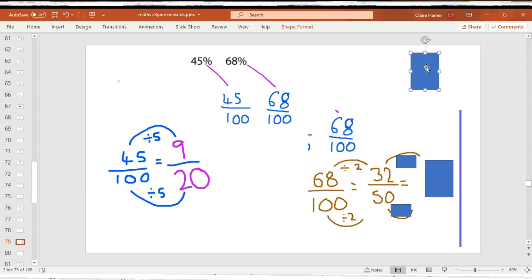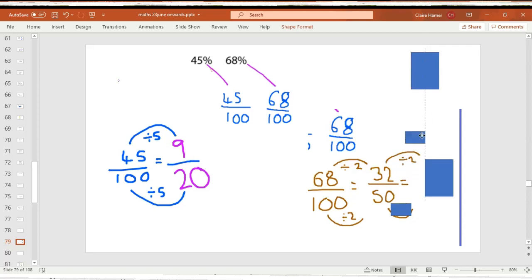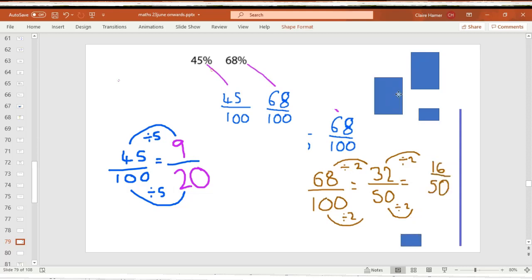I looked at both those numbers like I did with 9/20. But this time I thought, well, actually I could divide by 2 again. And if you can divide by 2 again, you need to do it. Otherwise it's not simplified. So do this for me. Divide by 2 again. I got 16/50. Did you get the same?